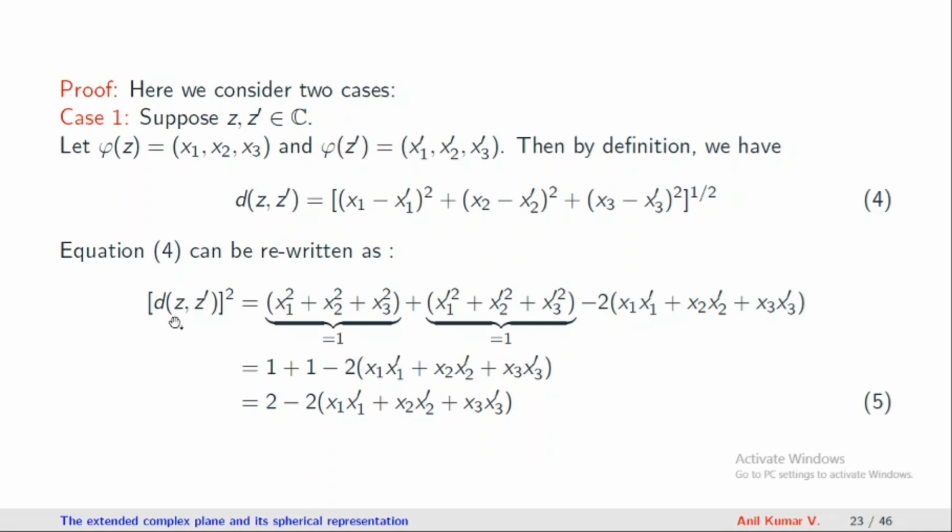So we get this expression is equal to 2 minus 2 into (x1 x1 prime plus x2 x2 prime plus x3 x3 prime). Now consider the expression x1 x1 prime plus x2 x2 prime plus x3 x3 prime.